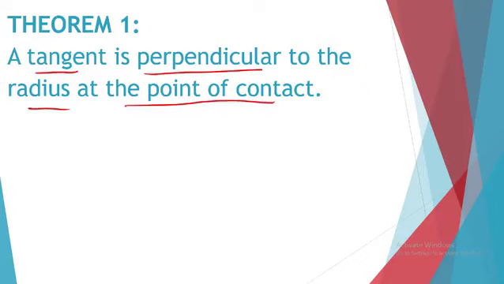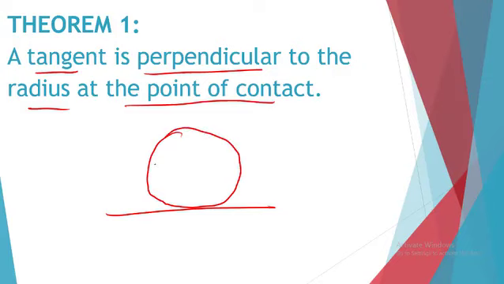The tangent is perpendicular to the radius at the point of contact. We have this. Let us see, when we bisect this, what do we have? We have angle 90.